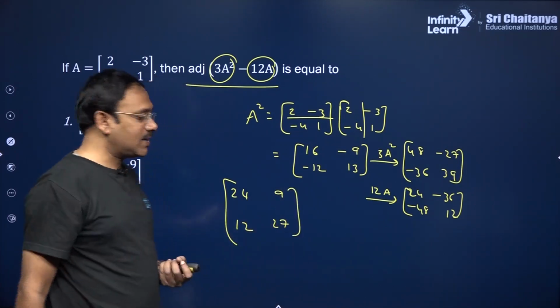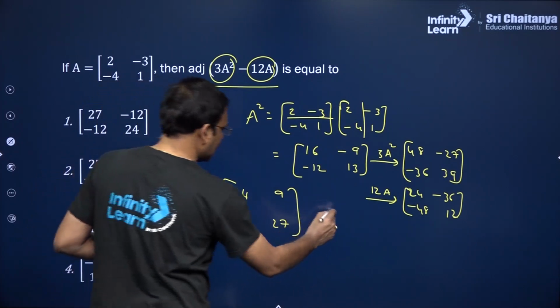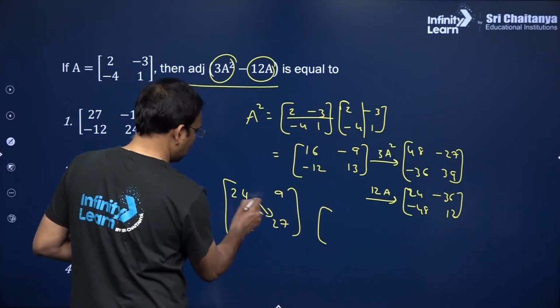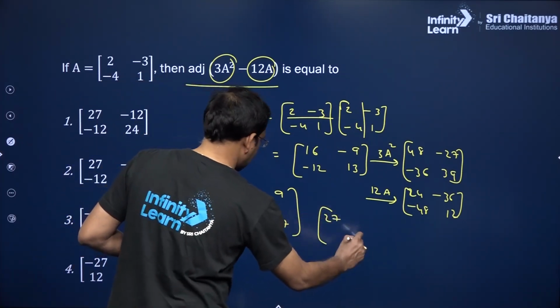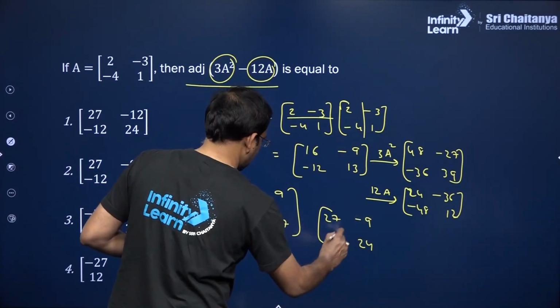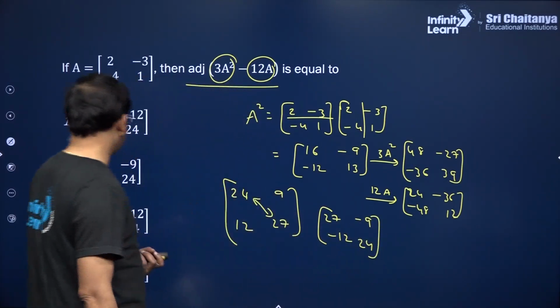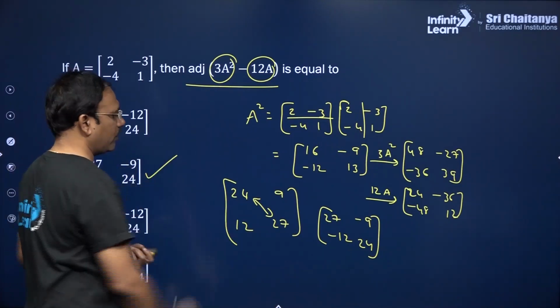And how to find adjoint of a matrix, my dear friends? So interchange these two and change the sign, 27, 24, minus 9, minus 12. This is the answer.